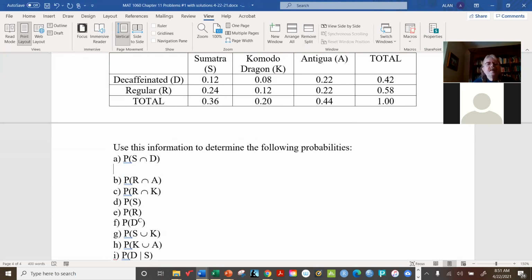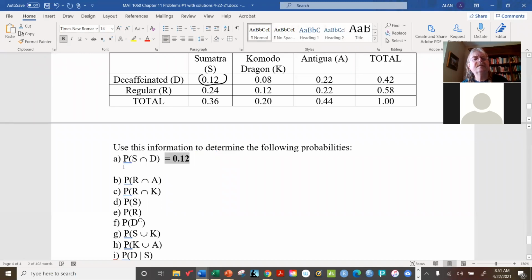For example, this one is easy because S and D simply means you look in the table for the intersection of Sumatra and decaf, and there it is. So in other words, 12% of these coffees are decaffeinated Sumatra. So there's nothing that I need to do there. Just look it up in the table.